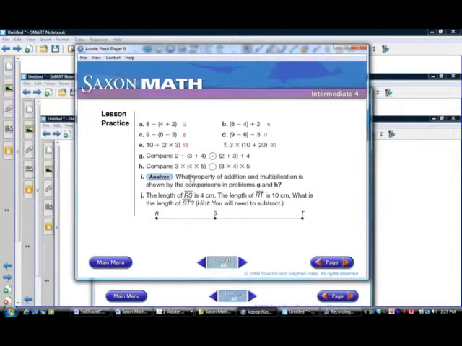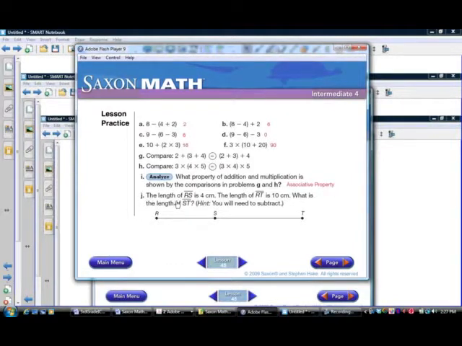This should be equal too, right? 4 times 5 is 20, and 20 times 3 is 60. 3 times 4 is 12, and 12 times 5 is also 60, so it's equal. What property of addition and multiplication is shown by the comparison in G and H? Well, we just said it, the associative property.